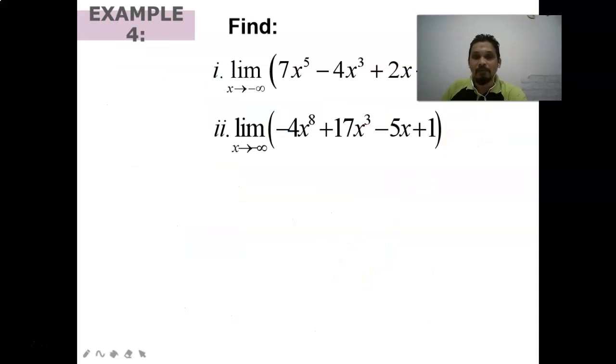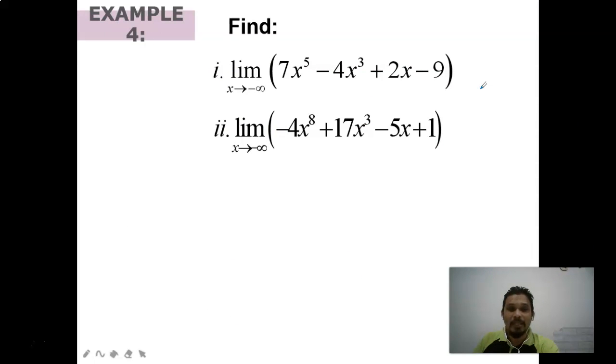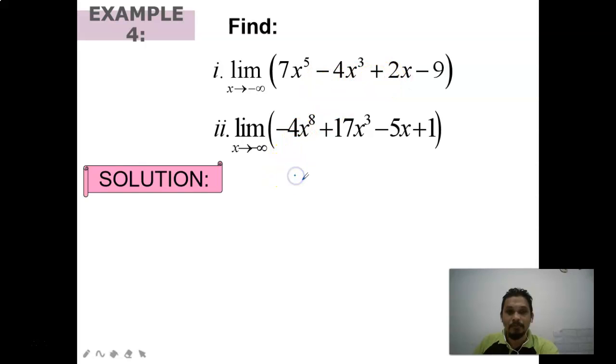Okay. Now, limit as x approaches negative infinity of this function, and also this one here now. Okay, so for this question, x approaching negative infinity means the value of x is all negative. Negative 10, negative 100, negative 1000, all negative.